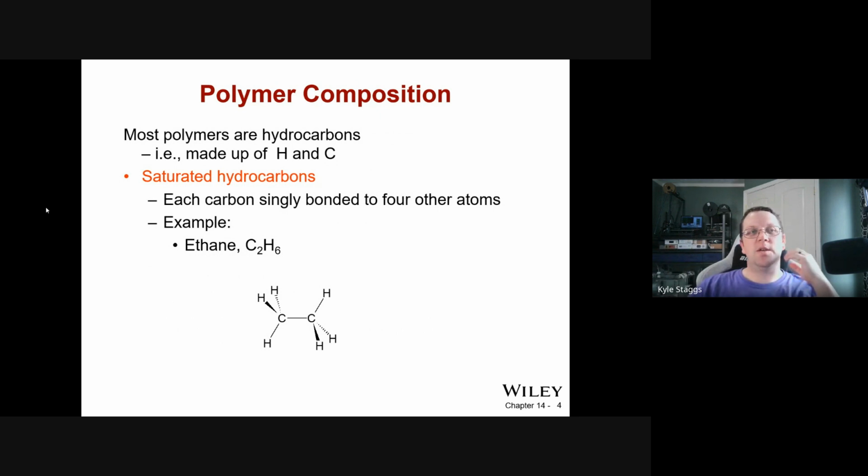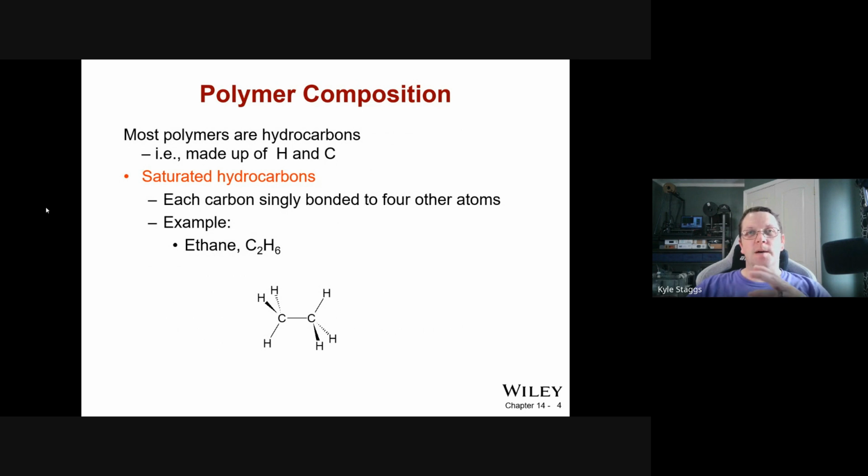But starting with ethane, there's a few principles that we're going to cover that are helpful to understand in terms of why polymers do what they do and what it means to have things like degrees of freedom stored up in a polymer. So what exactly is that? That's something that you'll get a better appreciation for today.